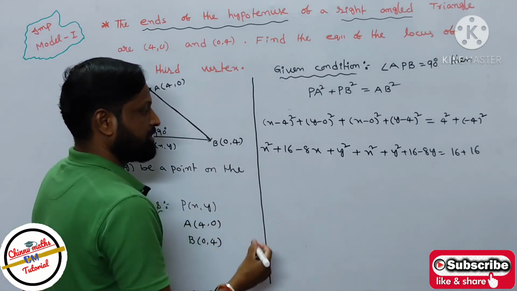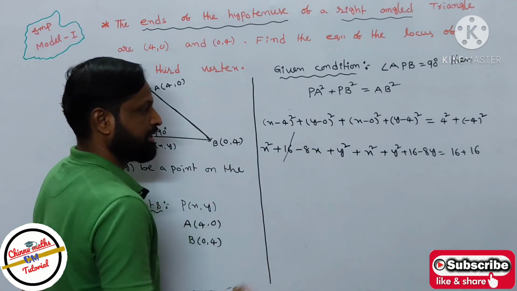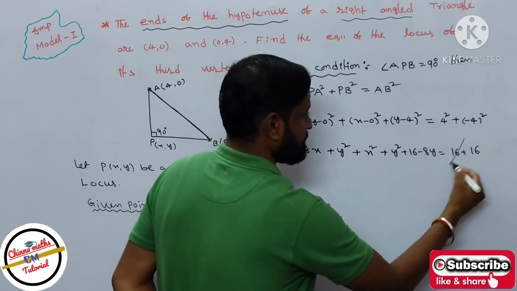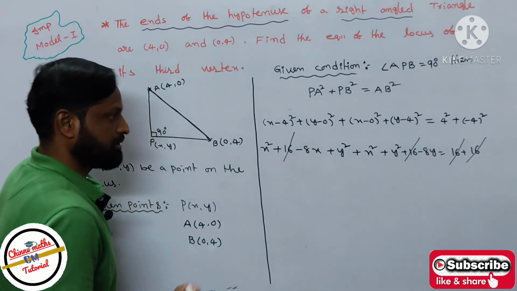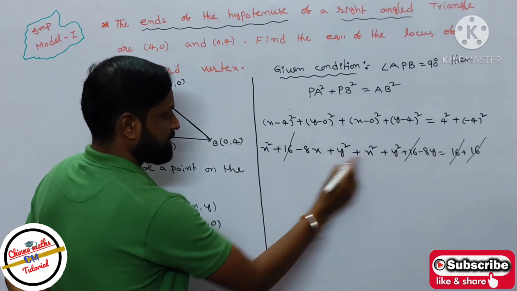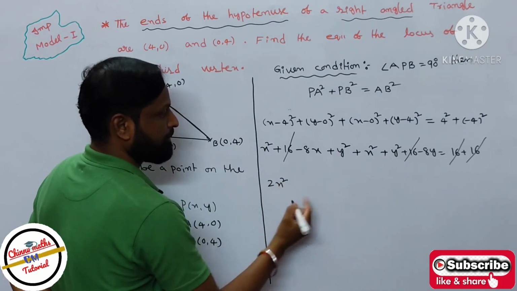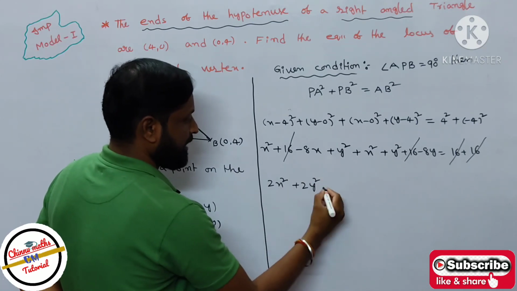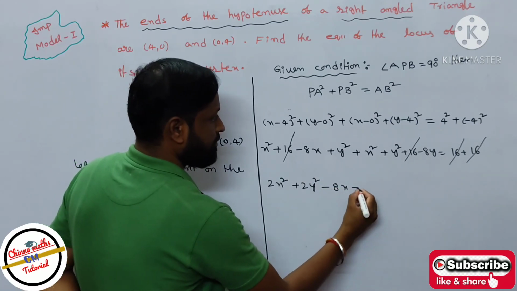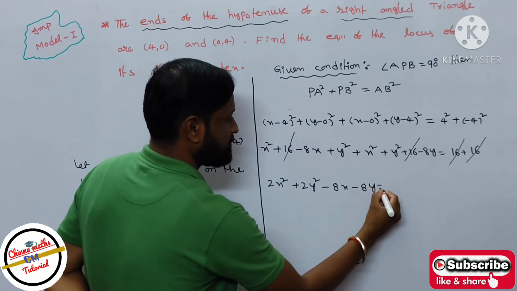We can observe that equal terms on both sides get cancelled: plus 16 and plus 16. Write the remaining terms: x square plus x square equals 2x square, y square plus y square equals 2y square, then minus 8x minus 8y equals 0.